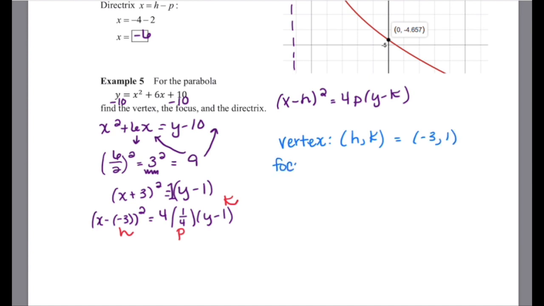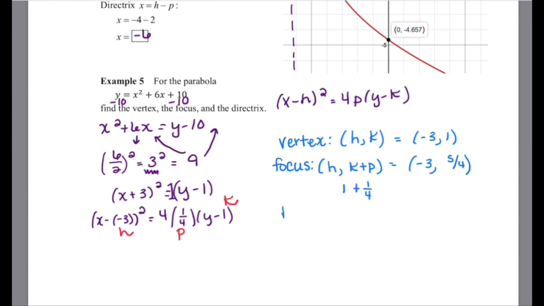Our focus is (h, k plus p), which is equal to (-3, 1 plus 1/4), which would be 5/4.